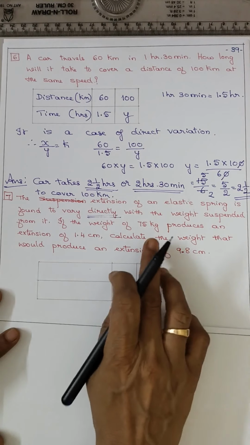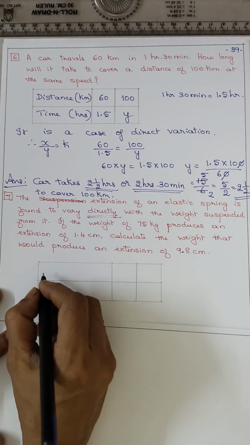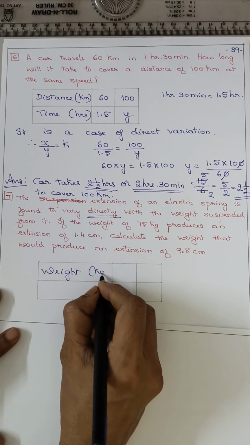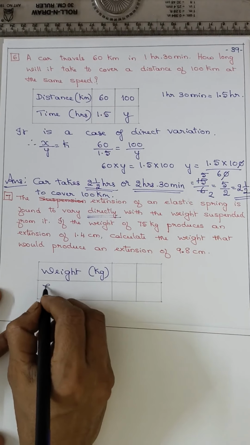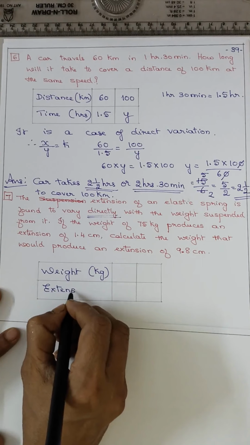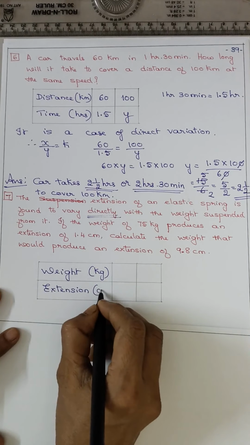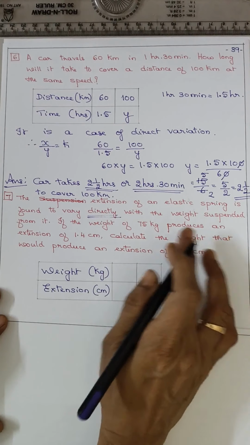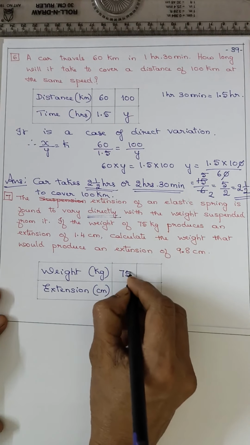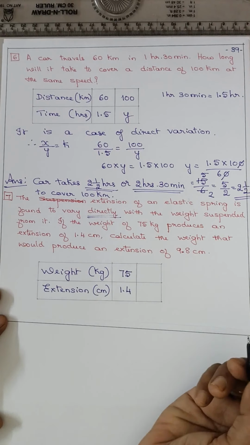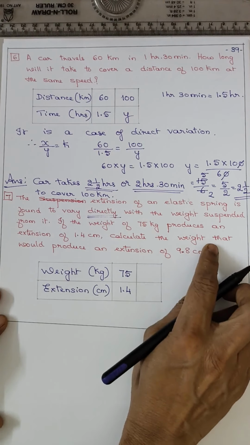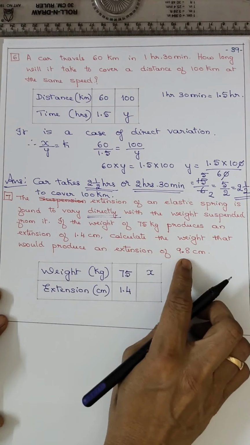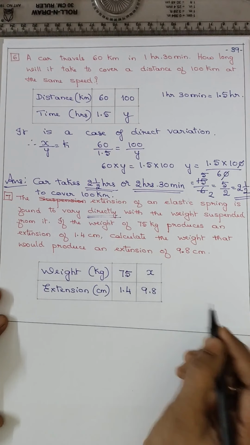If the weight of 75 kg, so we'll write weight in kg, produces an extension of 1.4 centimeter. ये सेंटीमीटर में है. So 75 kg के लिए 1.4 सेंटीमीटर है. Calculate the weight, मतलब x, which would produce an extension of 9.8.